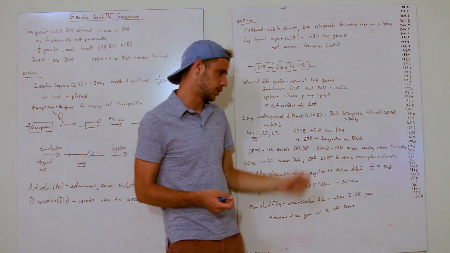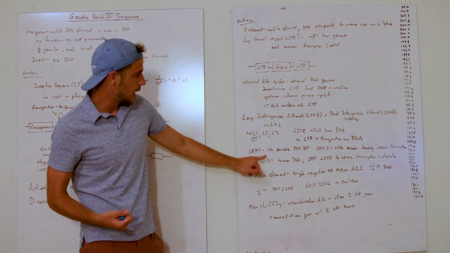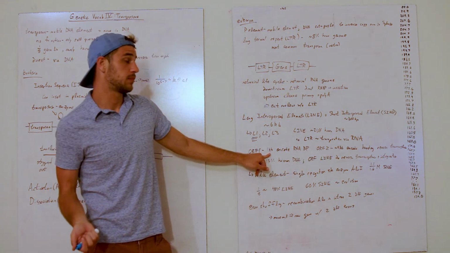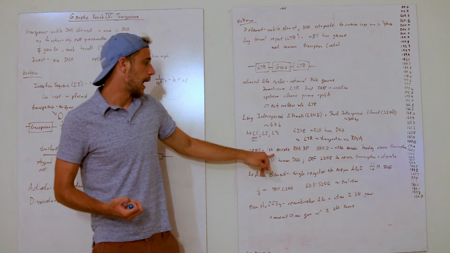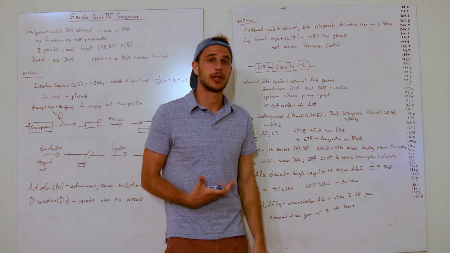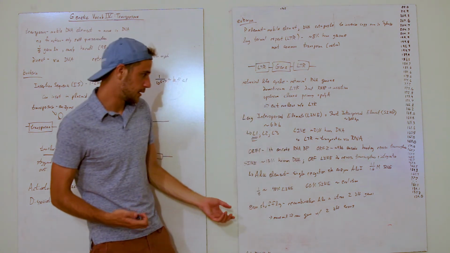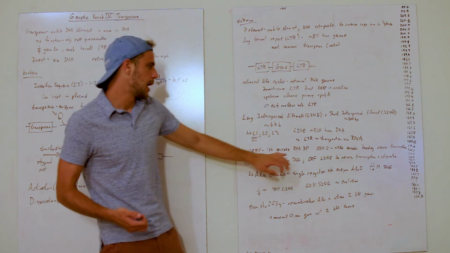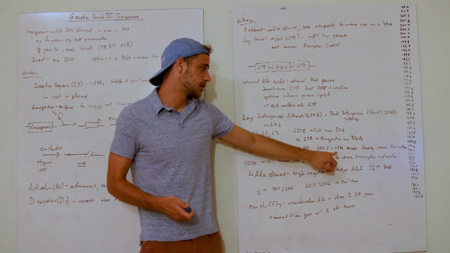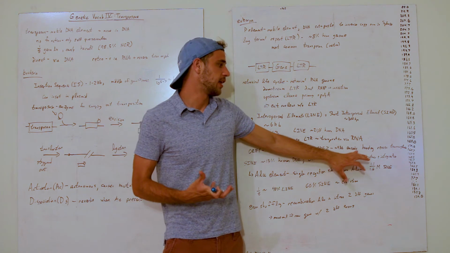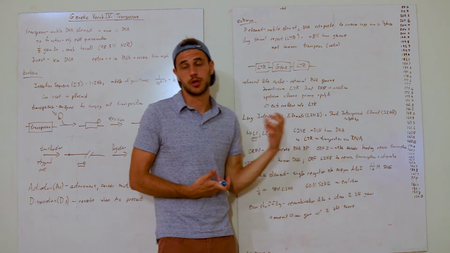You have ORF1 and ORF2. Open reading frame 1 is about 1 kilobase, so 1,000 bases, and it encodes an RNA binding protein, which binds to the LINE RNA. ORF2 is about 4 kilobases long, and it encodes a homolog of a reverse transcriptase.